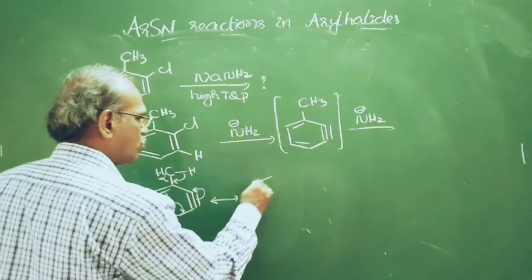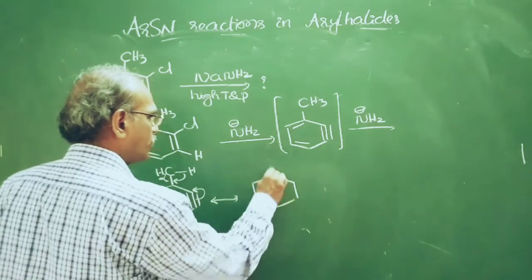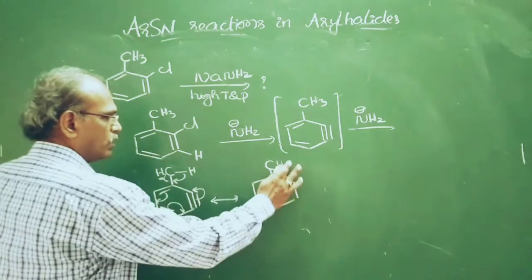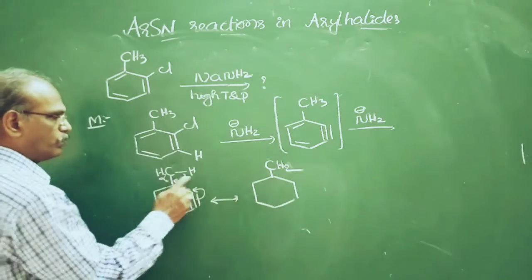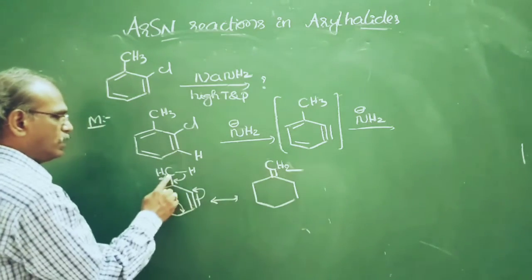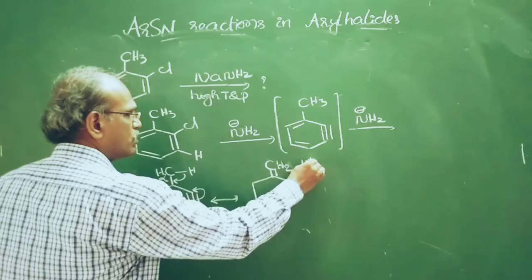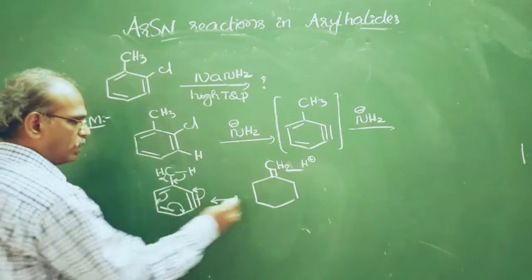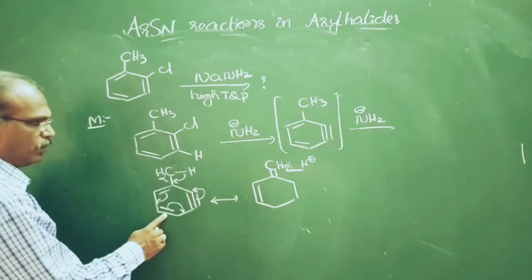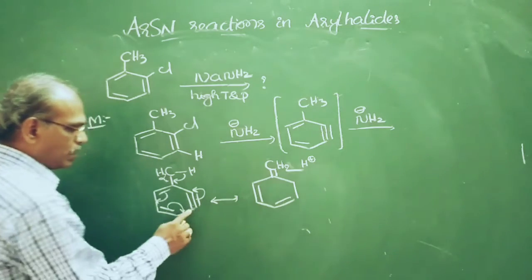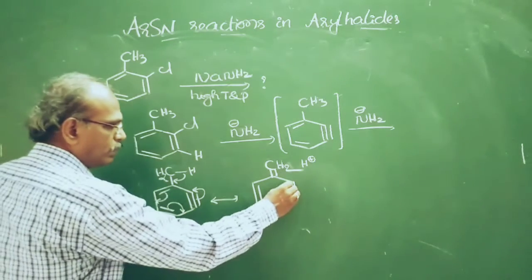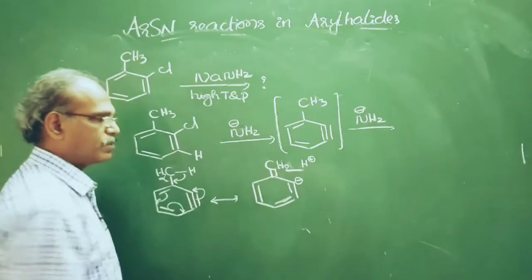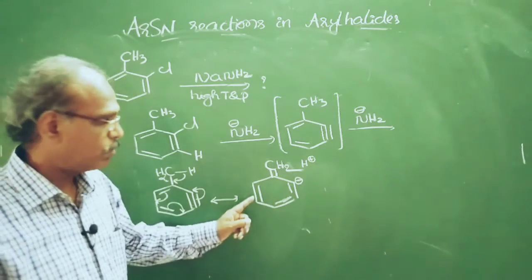Now see the structure. What do you get? CH3 here, sorry, this is CH2, double bond, here this is H plus, this is hyperconjugation, and single bond, here double bond, single bond, double bond, here this is double bond, and here minus.